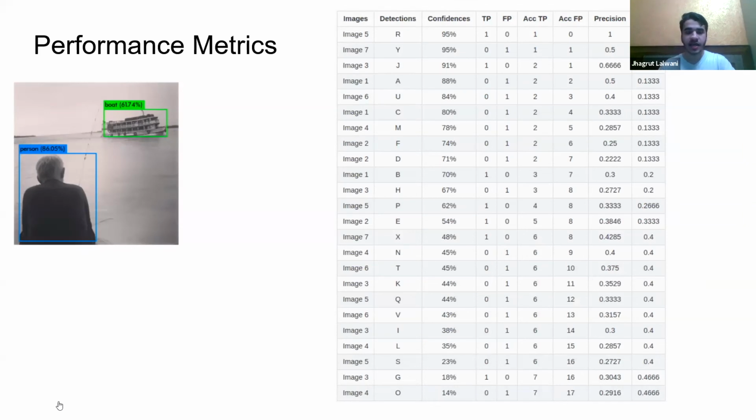Right, so the detections are mentioned here, and we also have the confidence scores in descending order. A couple of metrics have been mentioned: true positive, false positive, accumulated true positive, accumulated false positive, precision, and recall.